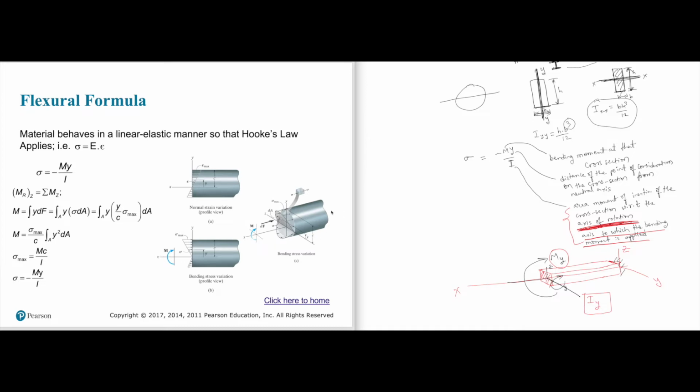It is applied with respect to Z, isn't it? The moment is applied with respect to this axis. You're applying a moment like that, and this axis is nothing but Z. That is something you have to observe before you apply this formula. This is called the flexural formula.